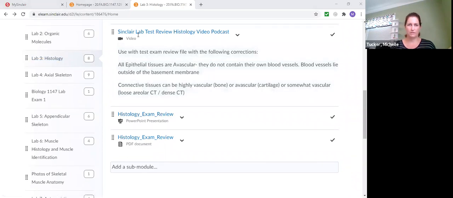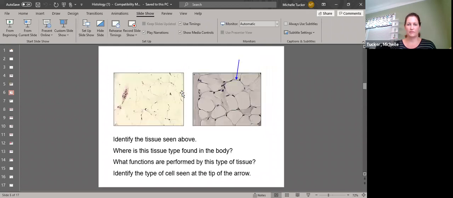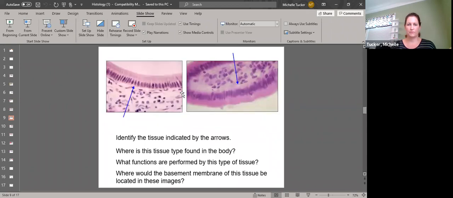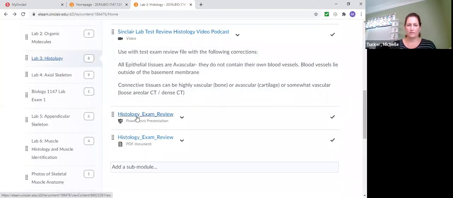I'm going to go to this one here. It's a review. You can pull it up as a PowerPoint, you can pull it up as a PDF, whatever document format you prefer. They're both here.